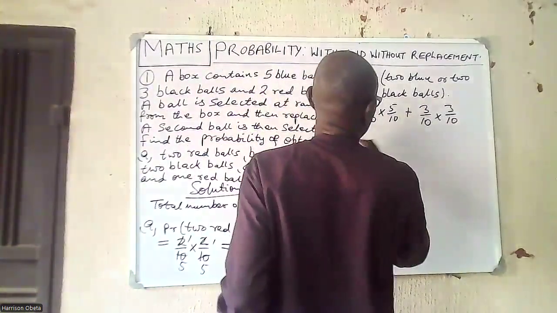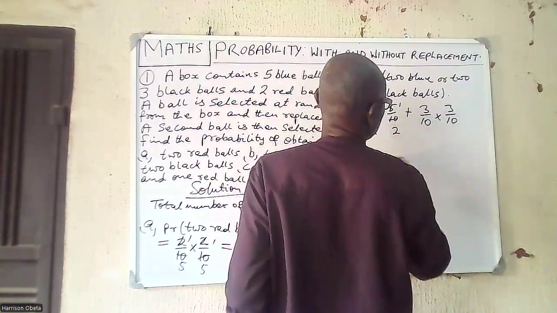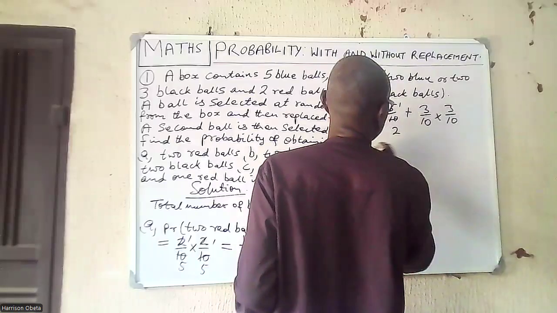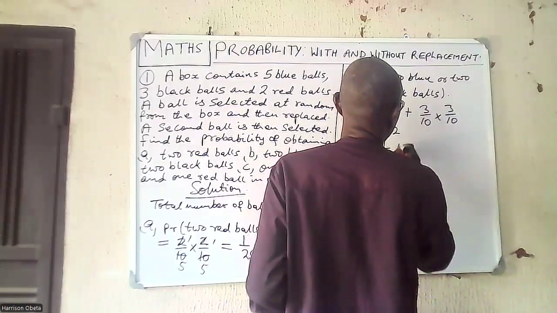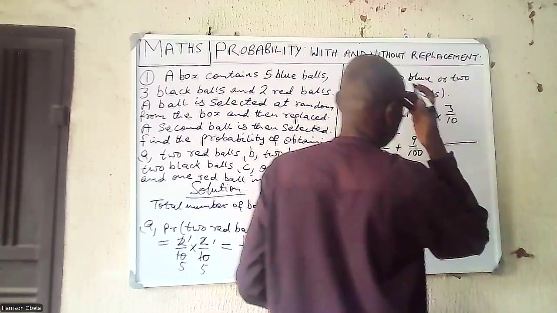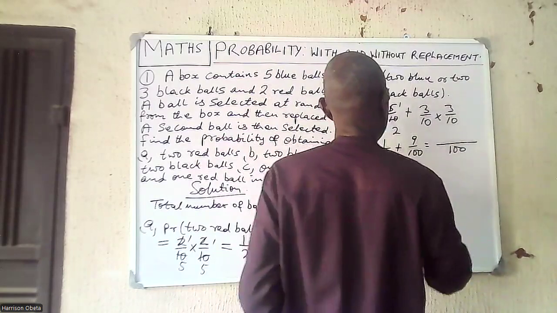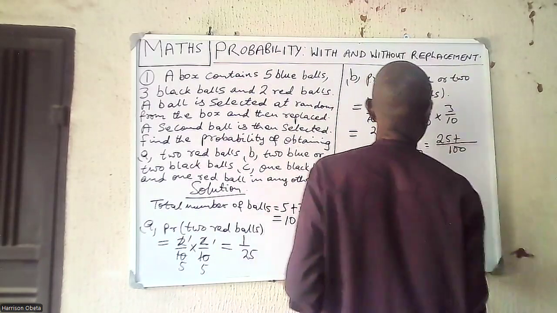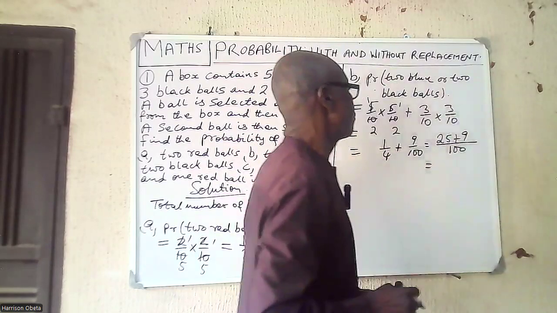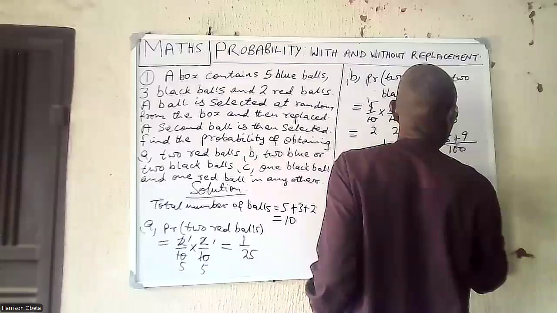And this reduces to 1/4 plus 9/100. And that will give us, the LCM is 100. 25 plus 9 will give us 34. That is 34 all over 100.